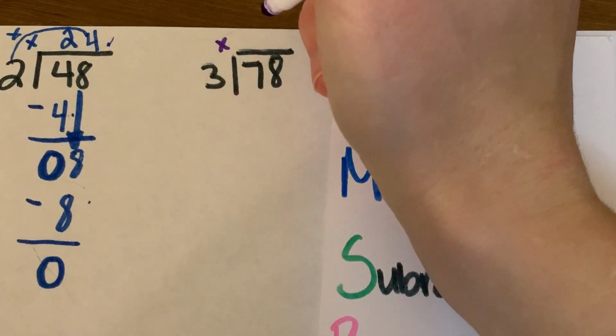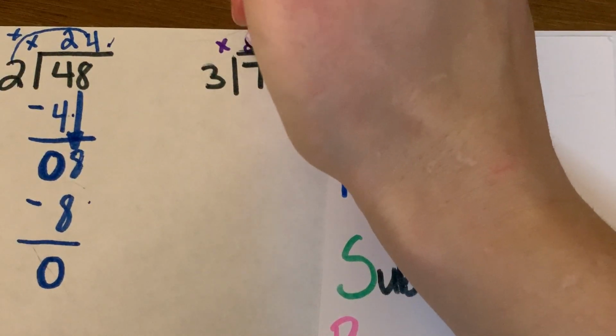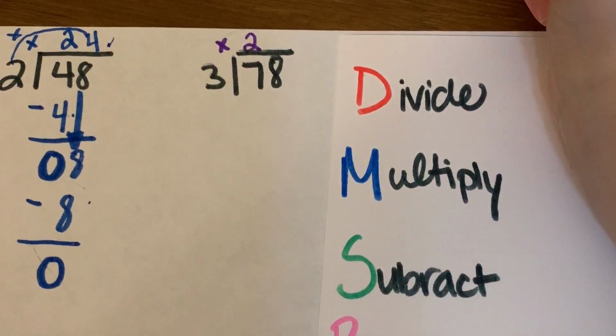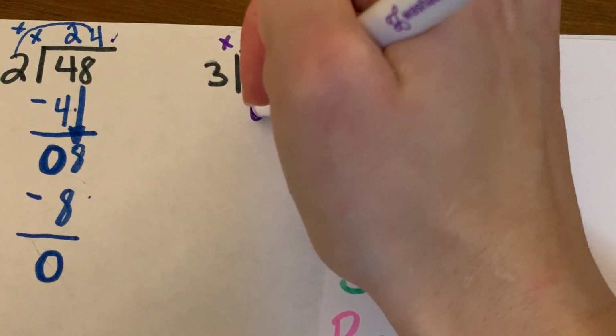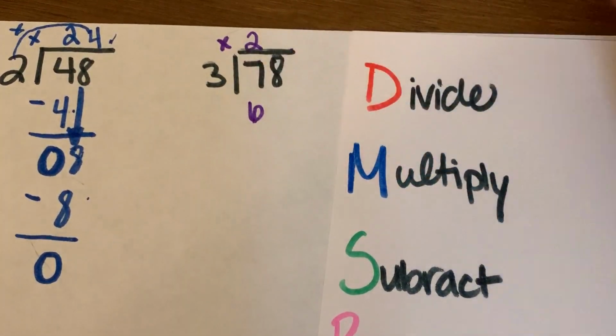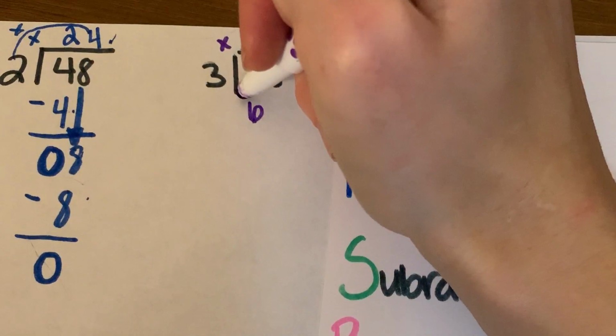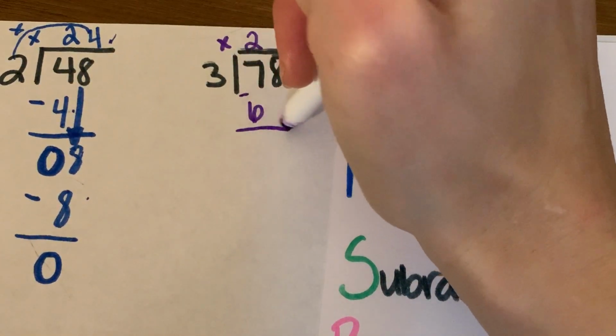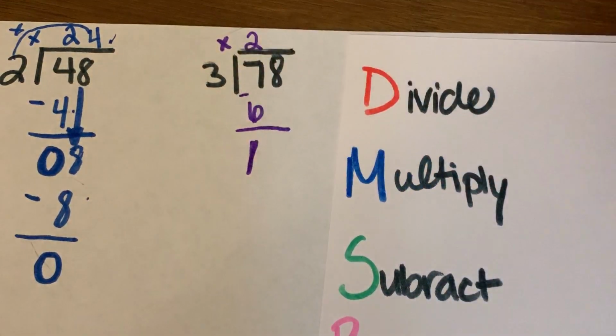Well, nothing times 3 equals 7 exactly, but 3 times 2 gives me 6, which is as close as possible, okay? So I have that. I did go ahead and write it there. What is my next step? I'm going to subtract, and I'm going to get 1.